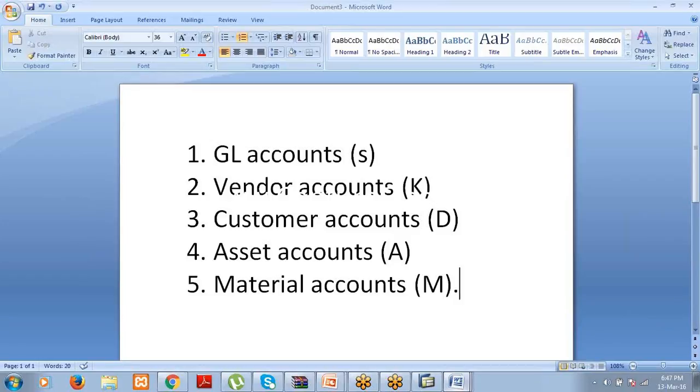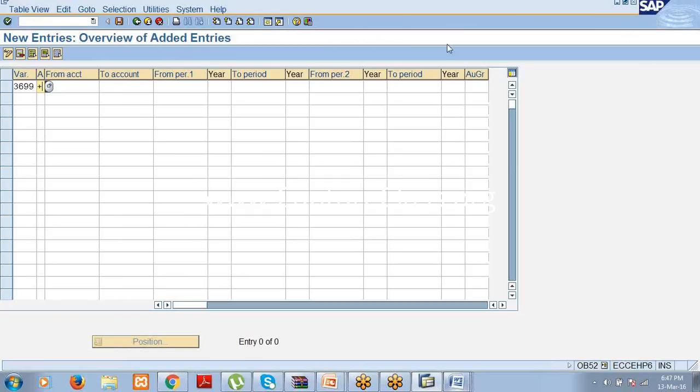So these are the account types, right? And each account type is identified with one letter. Here the system is asking for which account type you want to apply this posting period variant.